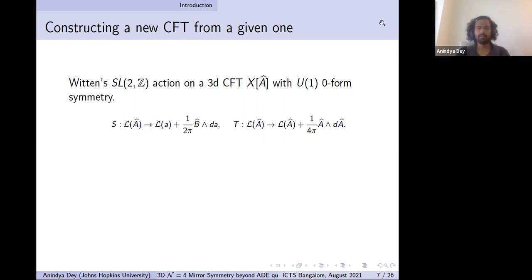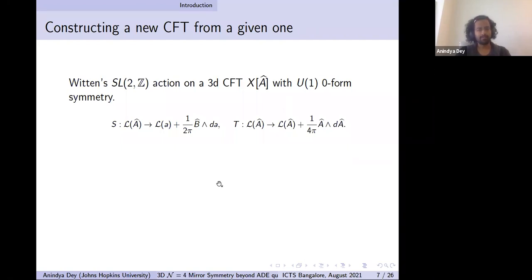And then there is the T operation, which corresponds to adding a Chern-Simons term for the background gauge field itself without doing any gauging. A combination of S and T will turn on Chern-Simons levels for this background gauge field and gauge it.